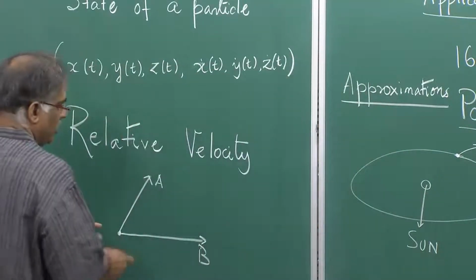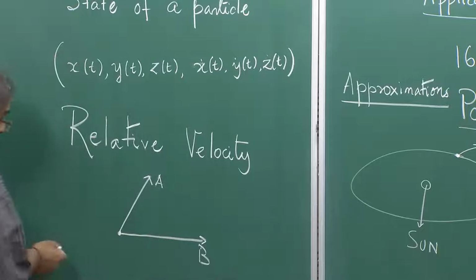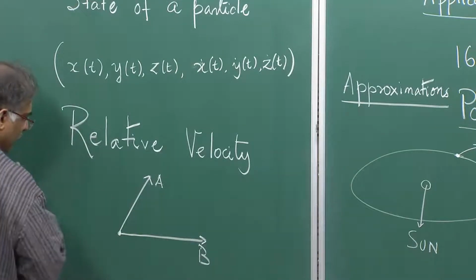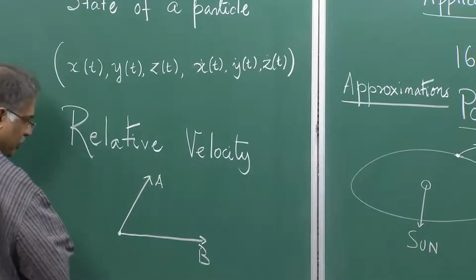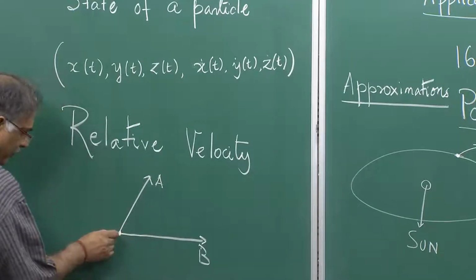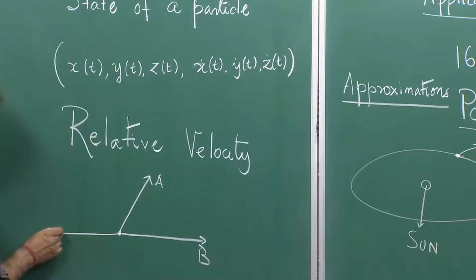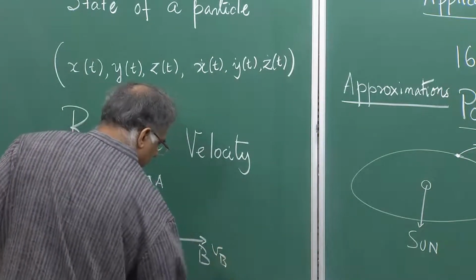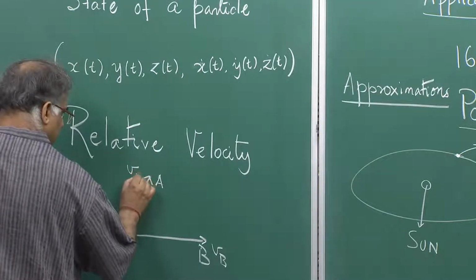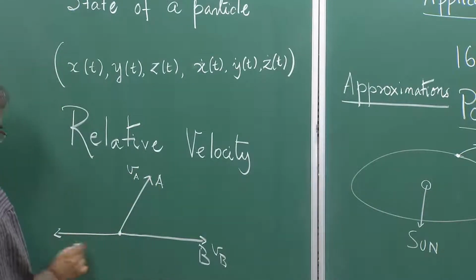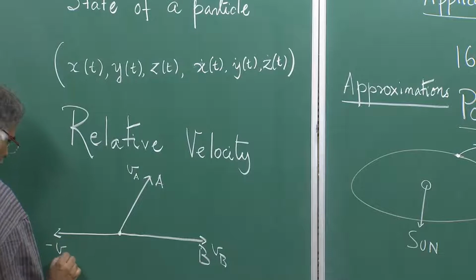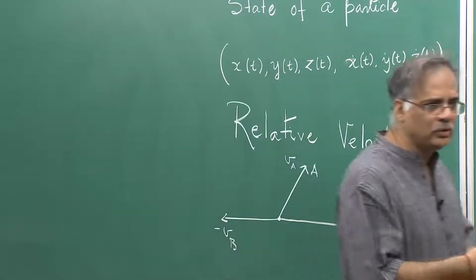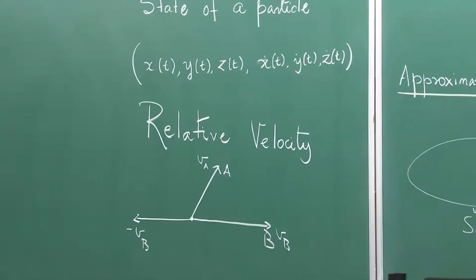So, to really think that this ship B is in a stationary position, that it has halted, you have to do something. If this was moving with a velocity Vb and this was moving with a velocity Va, to stop the ship B you have to apply an opposite velocity, so that the total velocity of the ship B is 0.